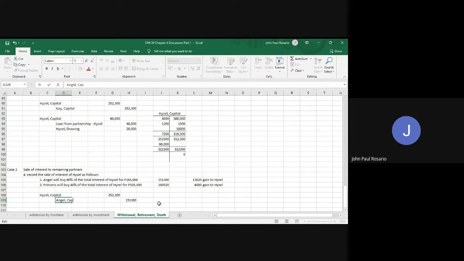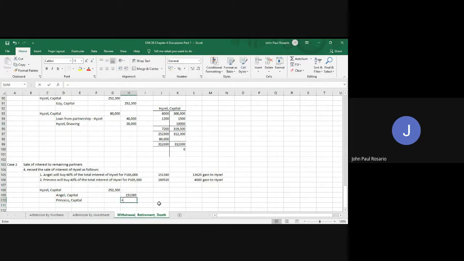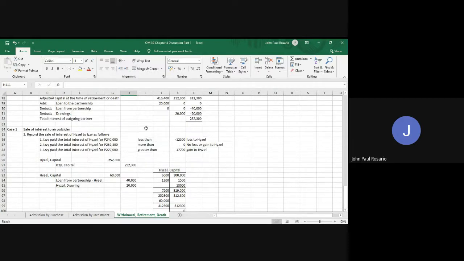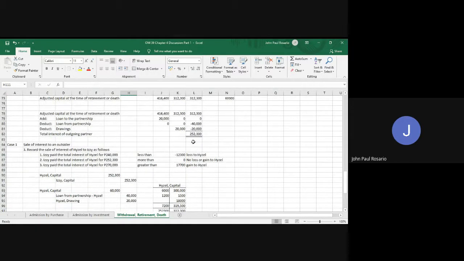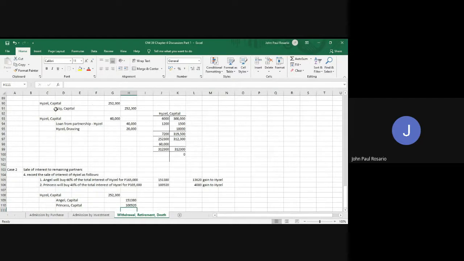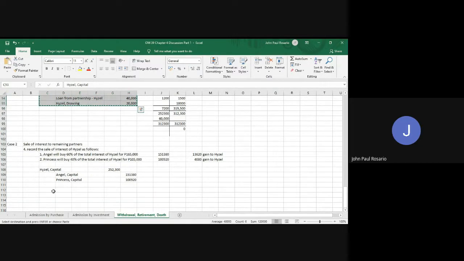Angel Capital kung ni Princess Capital which is iyang purchase is 40% ani. Okay? So, ang imo lang ng permit is pila ka percentage ang ilang gipalit sa katong net nga amount ni Hazel. For the closing of the loan from partnership ni Hazel o ni Hazel drawing, the entries would be the same. Okay? Sige.